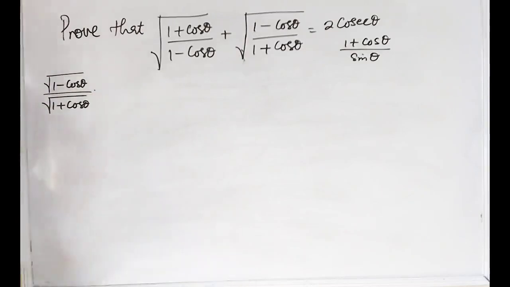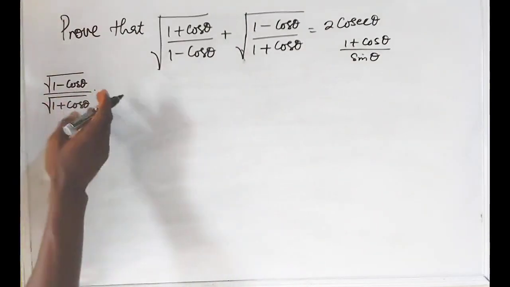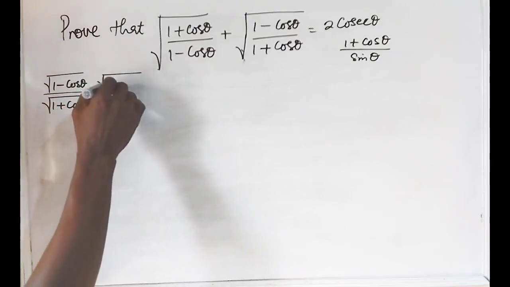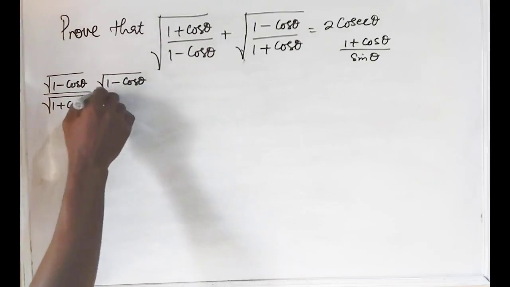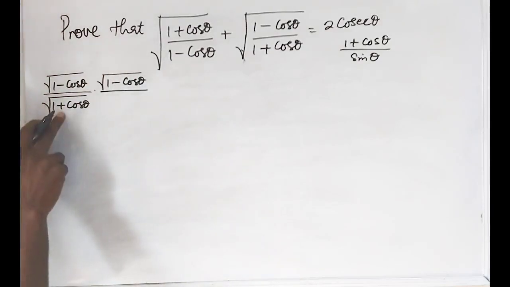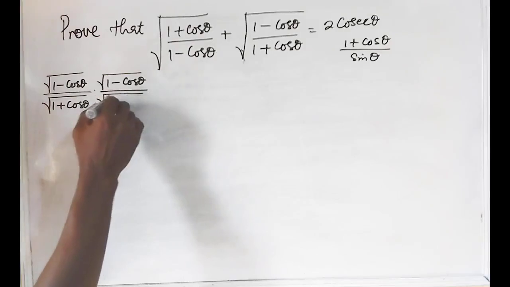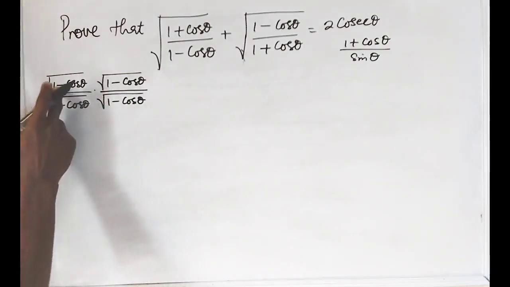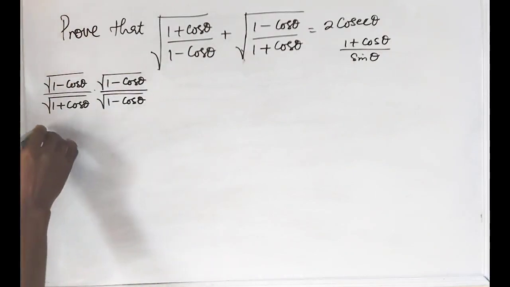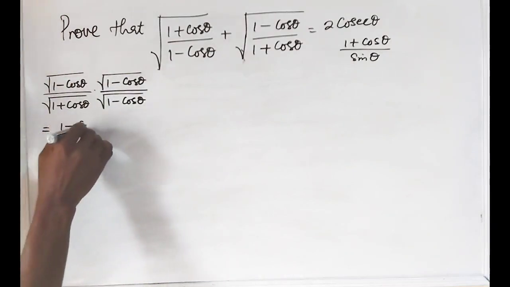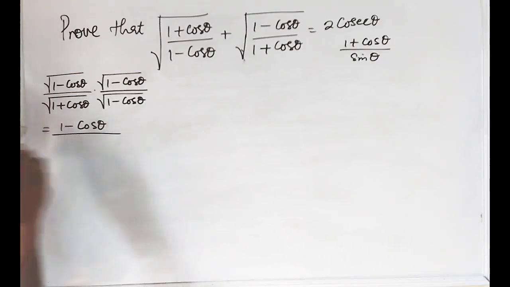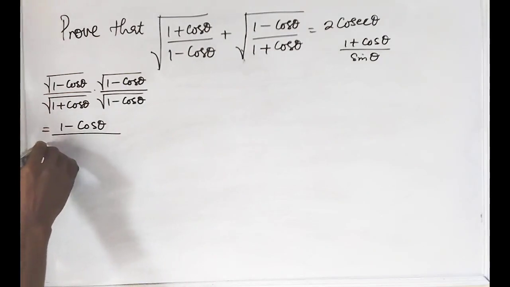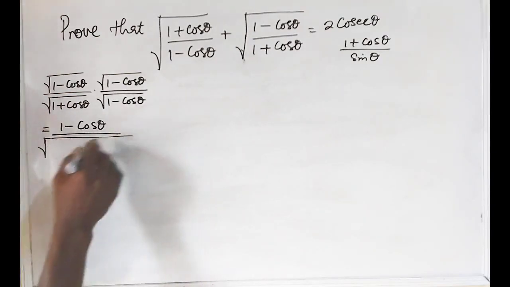As we did before to rationalize, we multiply by the conjugate of the denominator, which is the square root of 1 minus cos theta. Since both are the same, the numerator is 1 minus cos theta, and for the denominator, let me just resolve it again.